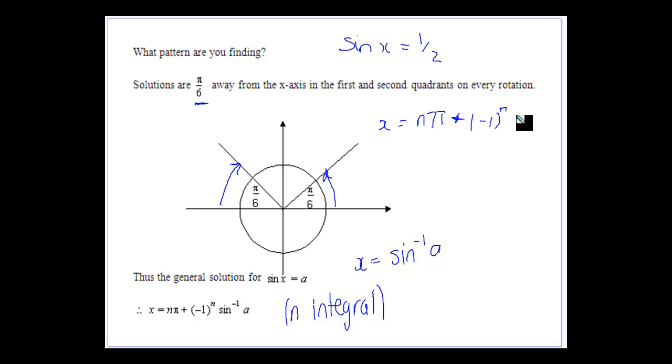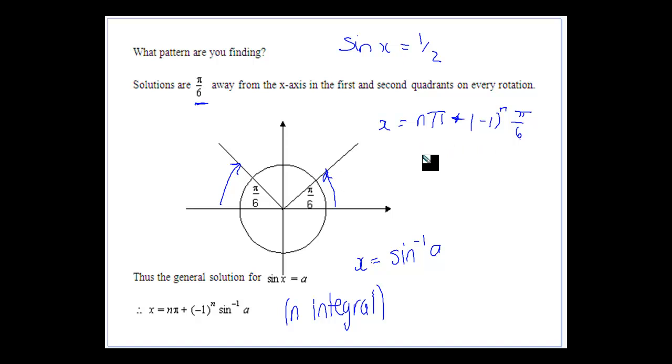And what we want to do is then multiply that by pi on 6, because we're going to add pi on 6. But if n is odd, that would give minus 1 to the power of an odd number, a negative answer. So when n's odd, that's on the negative x-axis, and then we'd subtract pi on 6. We'd go back there. So there's our little trick here with sine.